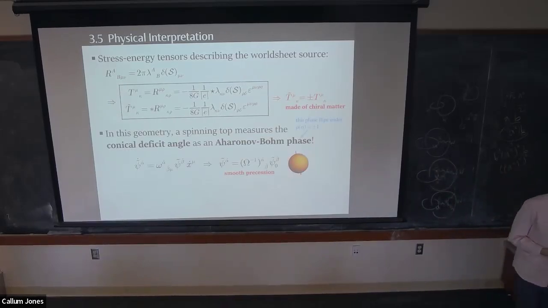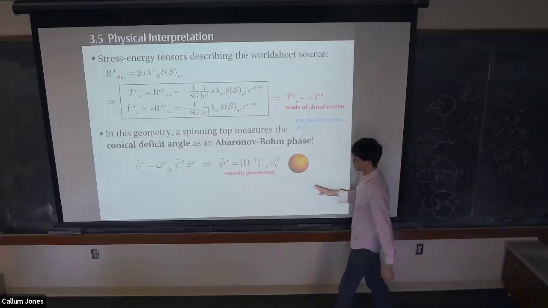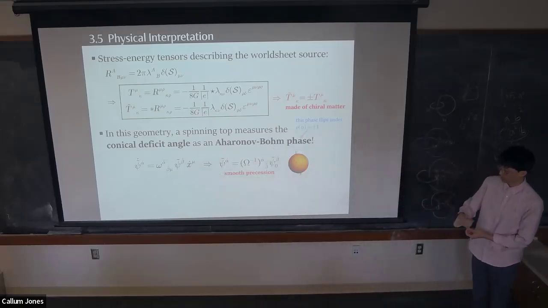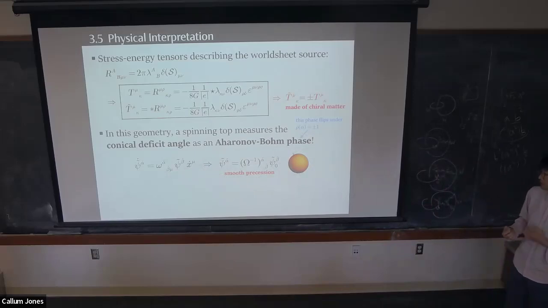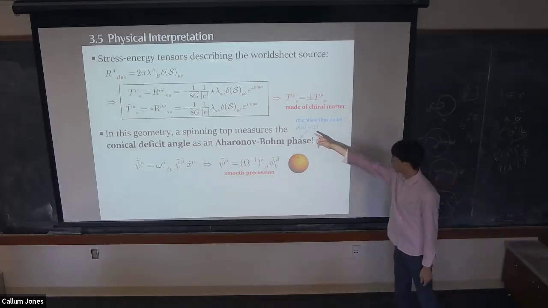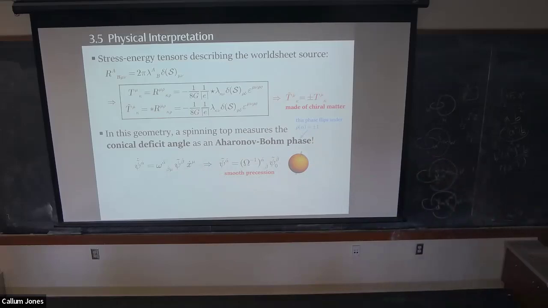And in this geometry, let's say I put a spinning top, and its dynamics will be described by this equation, which is just the parallel transport equation for the spinor. Then it turns out that the spinning particle exhibits a smooth precession on its axis, capturing the Aharonov-Bohm phase factor of rho alpha, which is ±1.